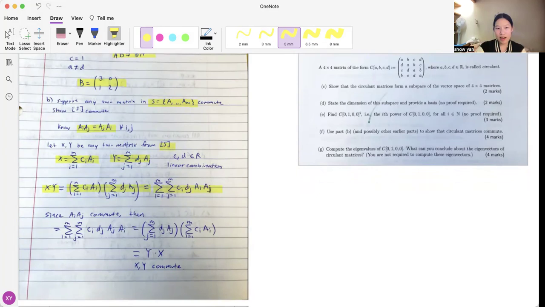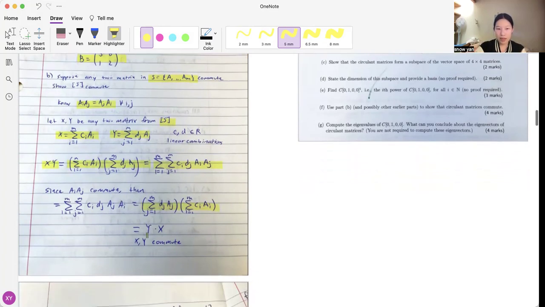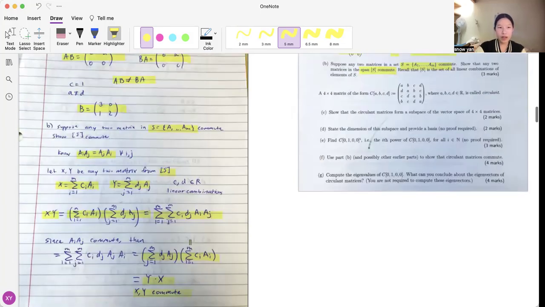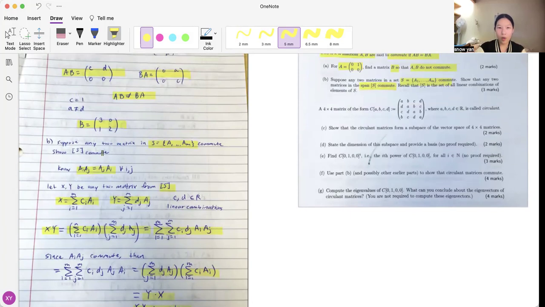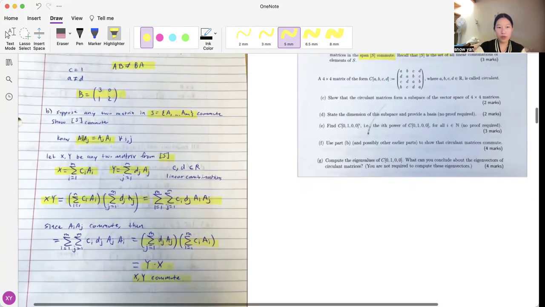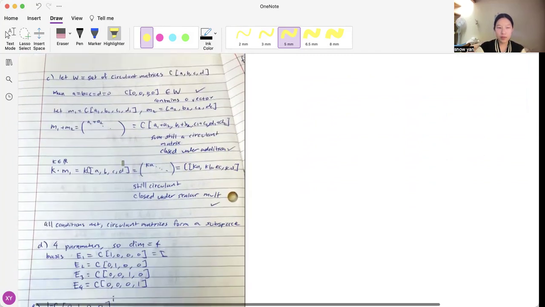Since we know that Ai and Aj commute and c and d are coefficients, we can move them any way we want, so we just rearrange it to this form. And that means it's YX, so we showed that it is commutative. Because X and Y are arbitrary, we know that it holds for anything inside the span. So we showed this successfully.